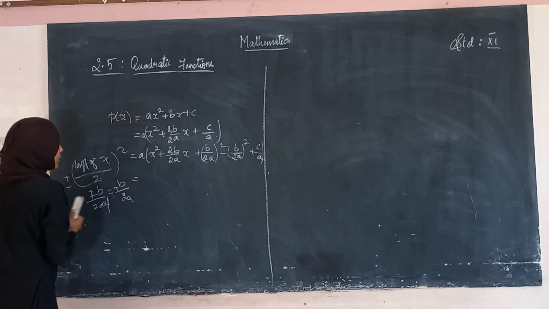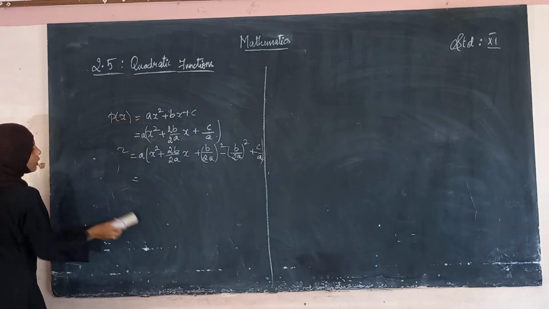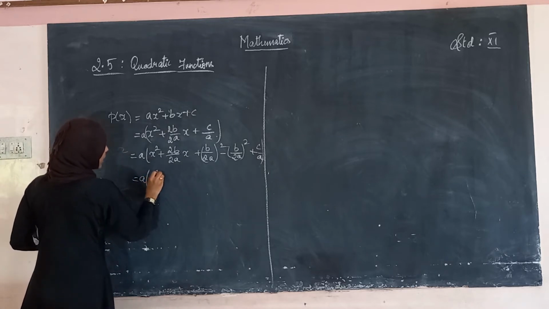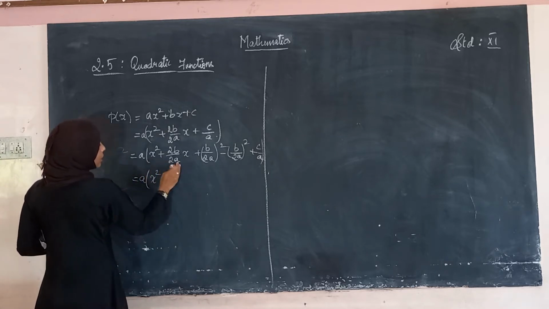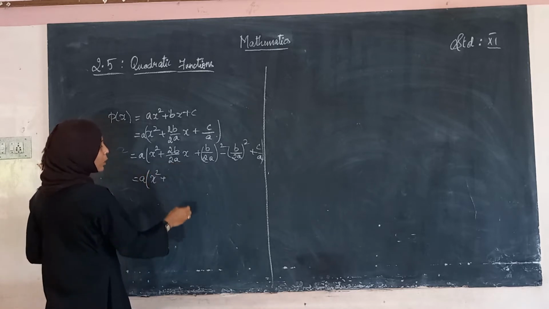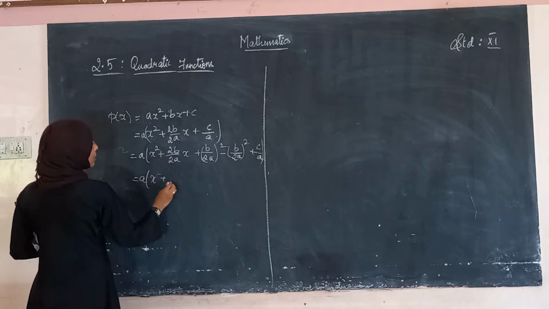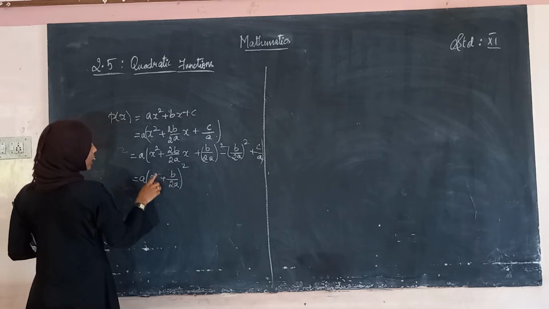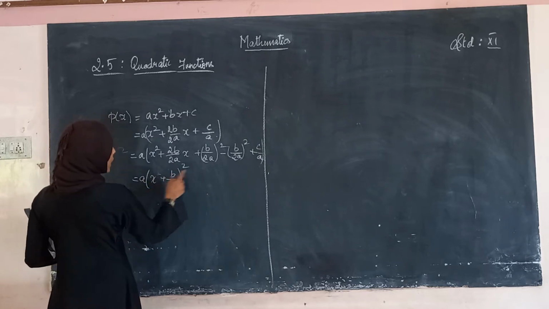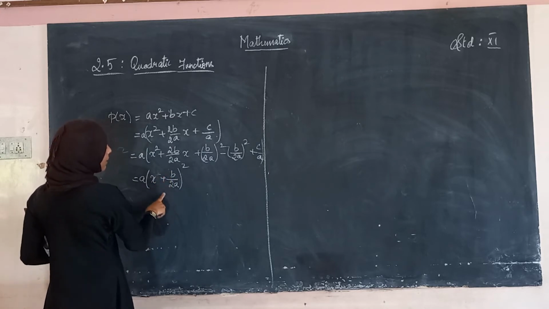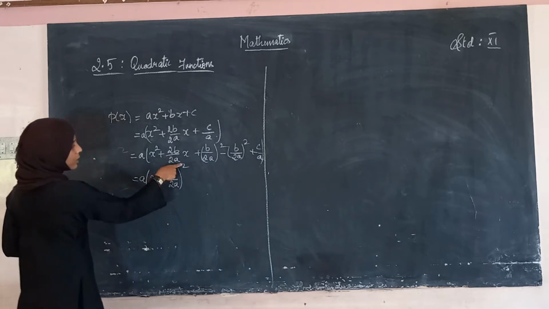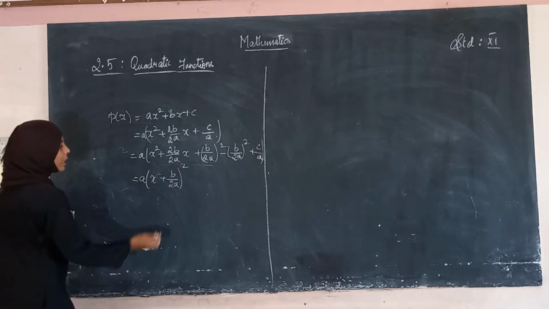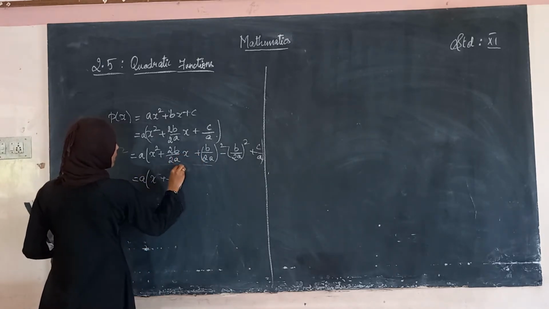Now a as it is, x square plus, see here, this is in the format of a plus b the whole square. Here a is x and b is b divided by 2a. So x square plus b divided by 2a the whole square plus 2 into b divided by 2a into x, these three terms we can write as x plus b divided by 2a the whole square.